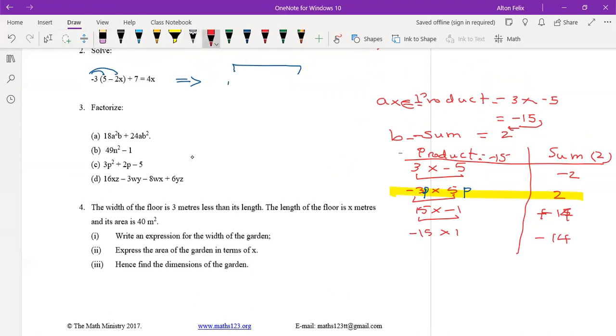You cannot factorize these using the first pair and then the second pair because you don't have any common factors here. What you need to do is rearrange the problem. You could write it as 16xz minus 8wx minus 3wy plus 6yz.